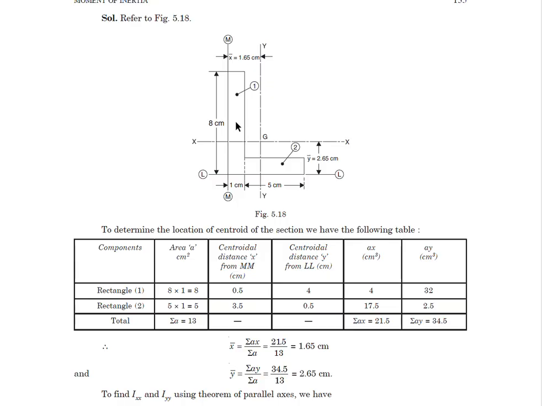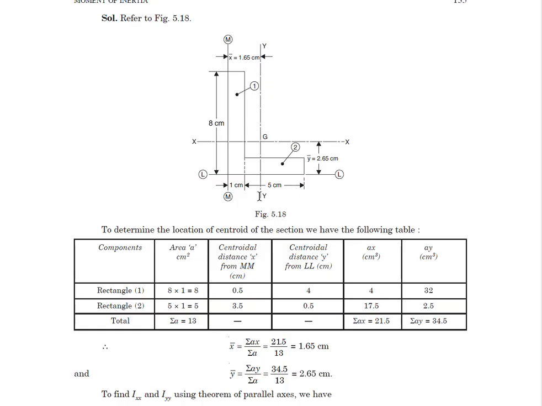That is the center point, which I am indicating with the cursor. So the moment of inertia is bd cube by 12. B in this case is 1 and d is 8, so d cube means 8 into 8 into 8, divided by 12.